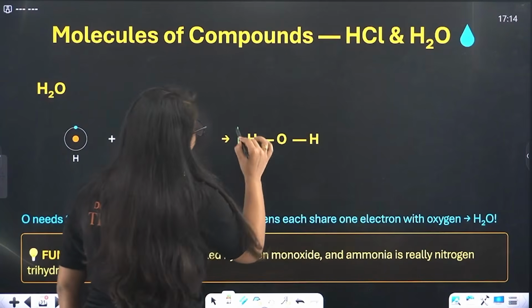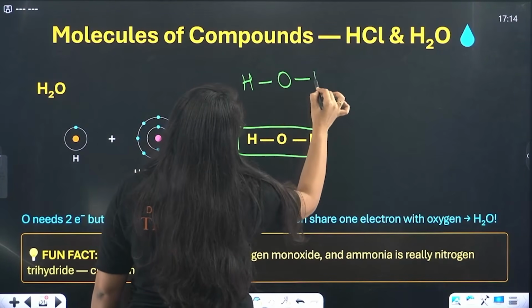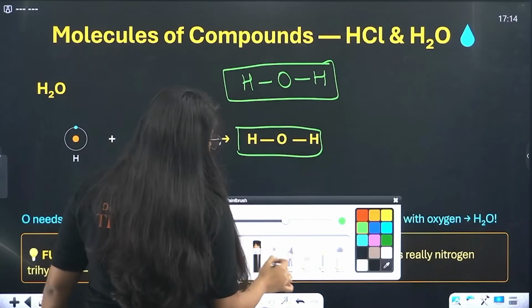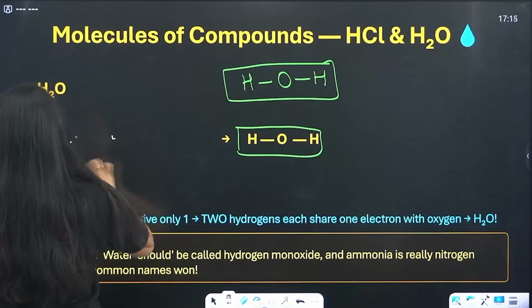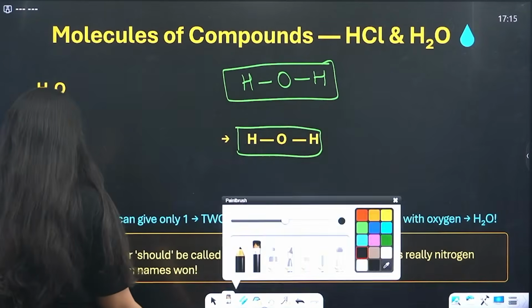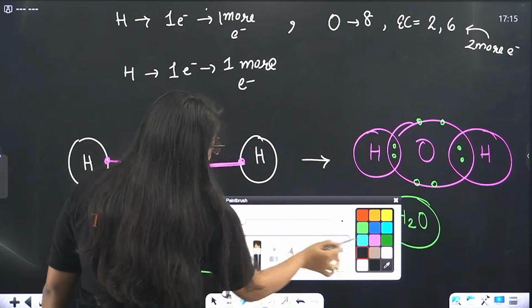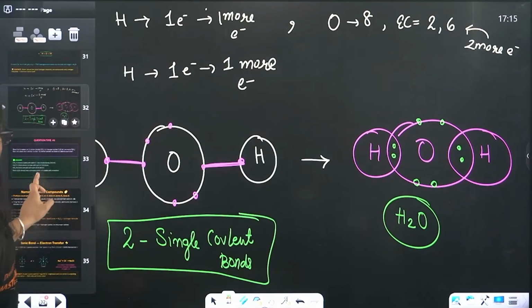This is how you represent it: hydrogen single bonded to oxygen, single bonded to another hydrogen. This is how you express the water molecule. Just look at this single slide I taught you; that will be enough.